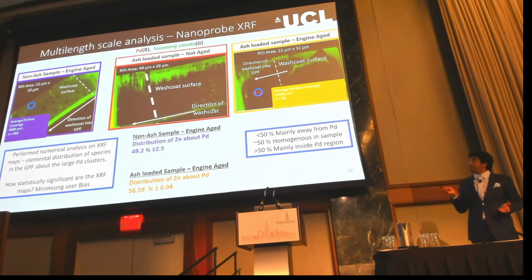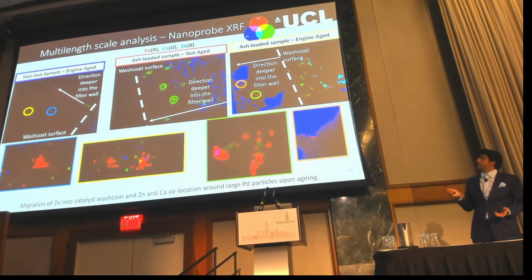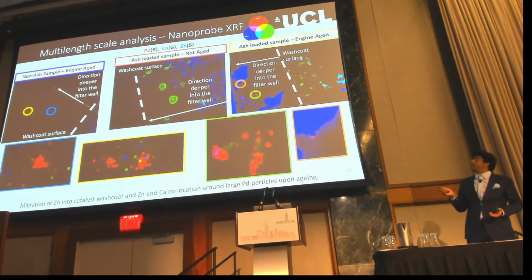If you map zinc, which is in blue here, and calcium, the other component in the ash, in green, what we find is that with pre-ash deposition, there's no evidence of it penetrating into the washcoat layer on the left. They're not in the system before engine aging. However, after engine aging, you can see, especially the zinc in this one here, that it's actually migrated into the washcoat layer.